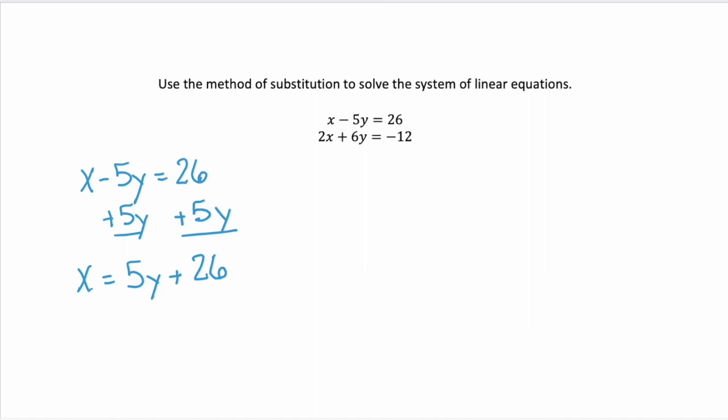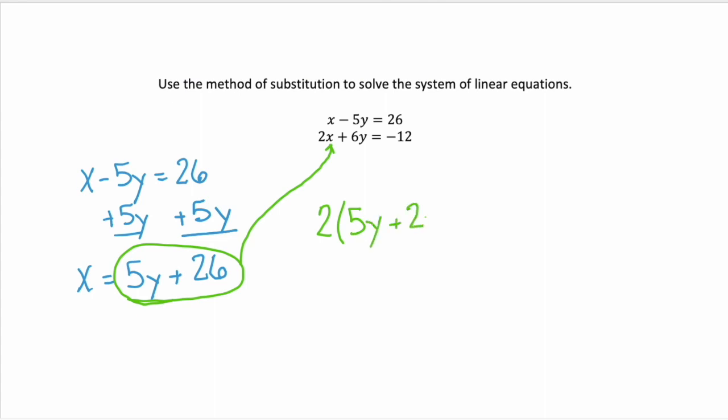So now that we know what x is, this 5y plus 26, we're going to substitute it into the second equation for that x. So our second equation becomes 2 times x, which we now know is 5y plus 26, plus the 6y equals negative 12.